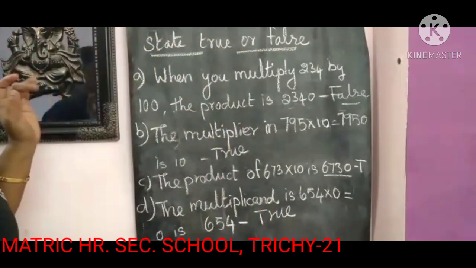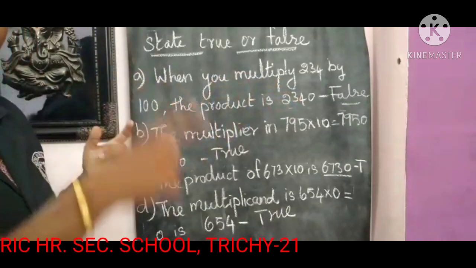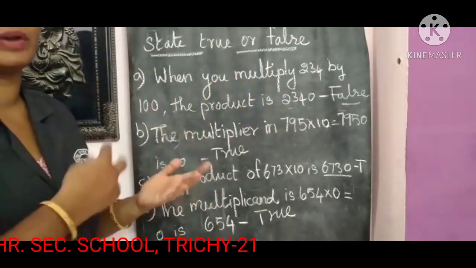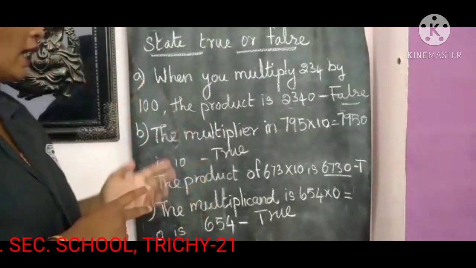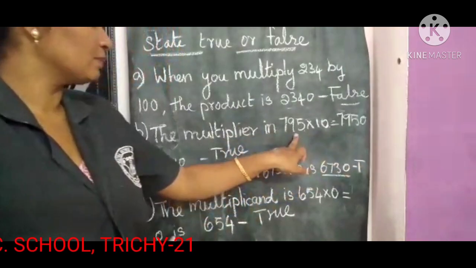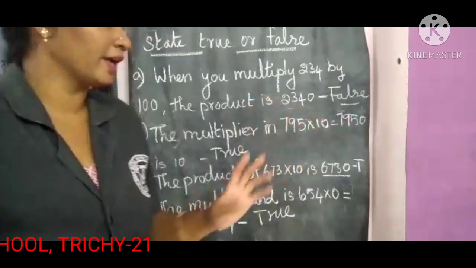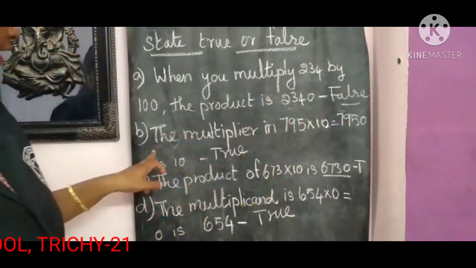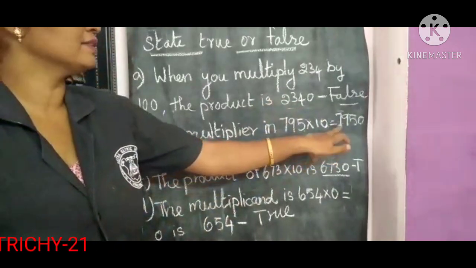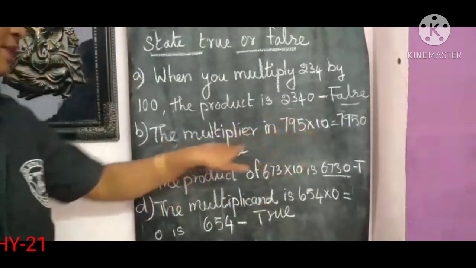Once again, the important things. First, any number multiplied with 100, you write 2 zeros. Second, any number multiplied with 0, you get the answer 0. And in a multiplication sum, there is the multiplicand, the multiplier, and the final product. In the second question, in 795 multiplied by 10 the multiplier is 10.